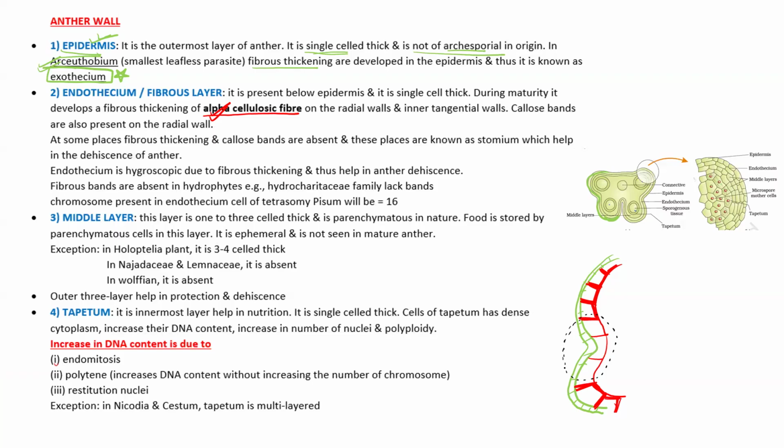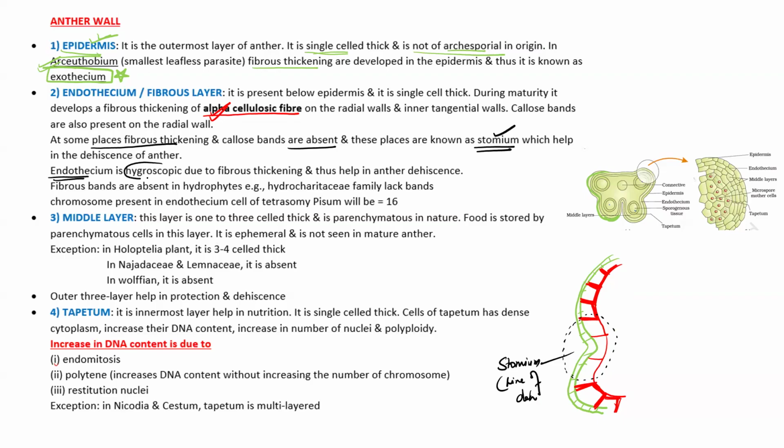Please check your NCERT, you will find it. So here the fibrous thickening is absent. At some places fibrous thickening is absent, and these places are known as stomium, which help in dehiscence.